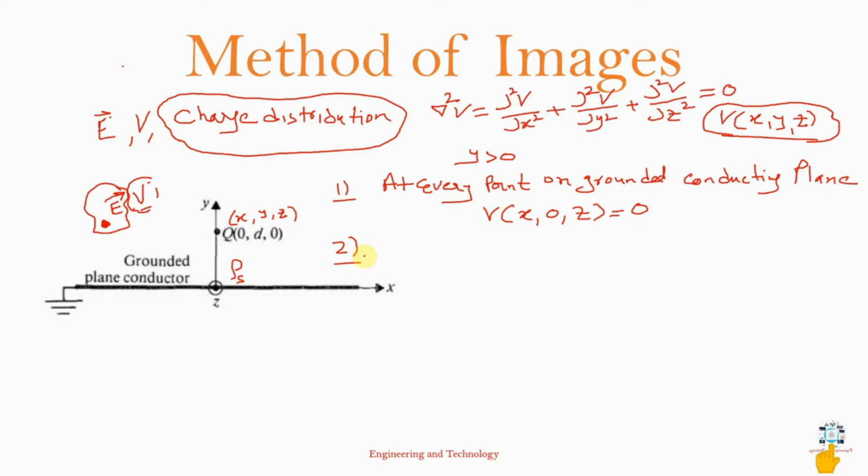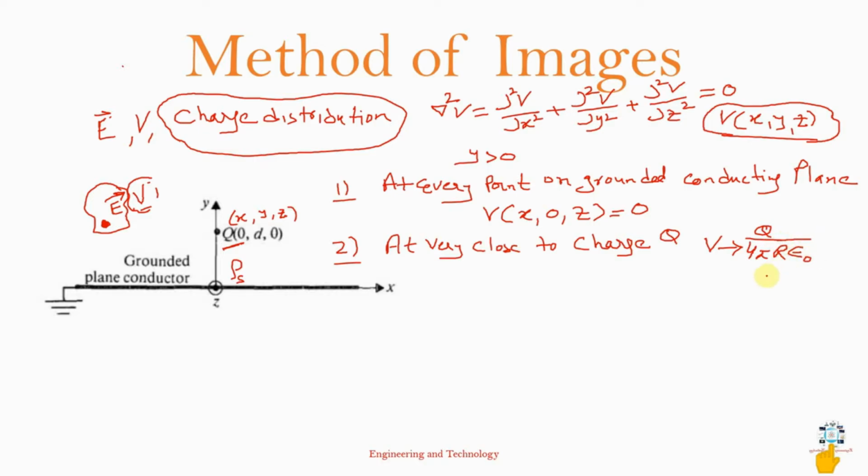The second condition is that very close to the charge q, the electric potential is given by q upon 4 pi epsilon naught r.